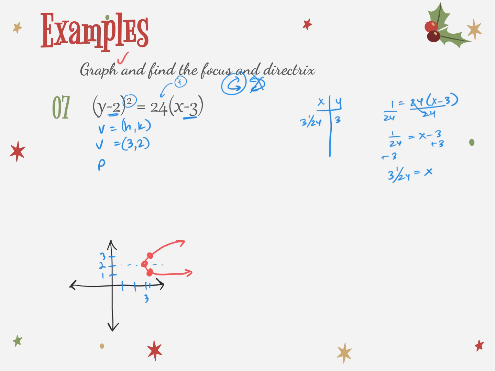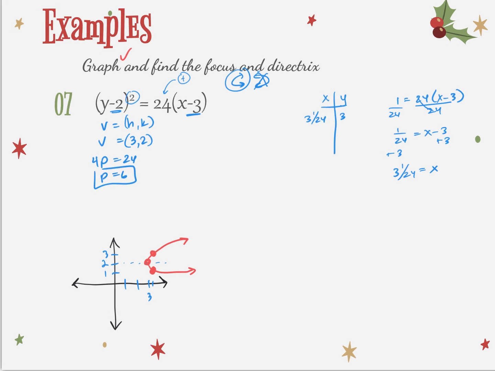So I know that 4p equals 24, so p equals 6. And so I know that my focus is going to be 6 units in this direction, and my directrix is going to be 6 units in the other direction.